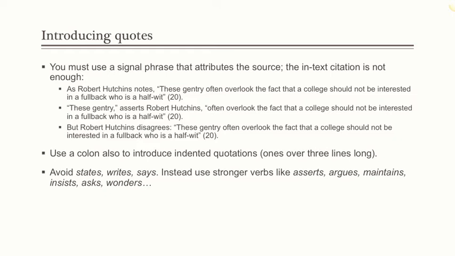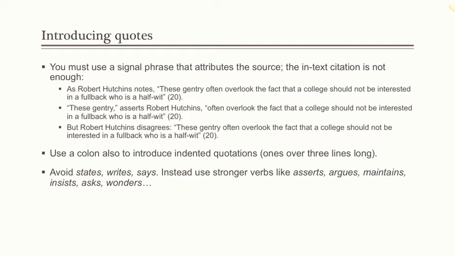You can also interrupt the quote with who said it, and that also gives you a good signal phrase. These gentry, asserts Robert Hutchins, often overlook the fact that a college should not be interested in a fullback who is a half-wit. And lastly: but Robert Hutchins disagrees. These gentry often overlook the fact that a college should not be interested in a fullback who is a half-wit.